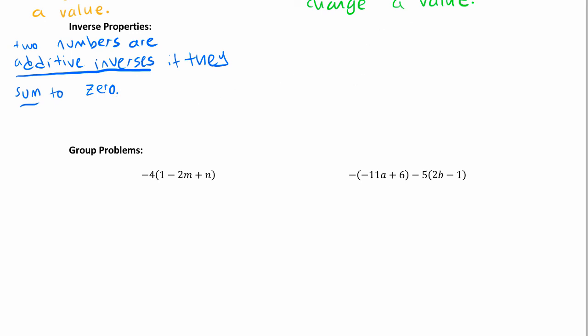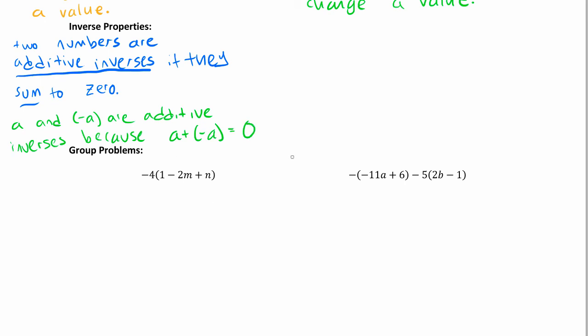So A and negative A are additive inverses because A plus negative A is the additive identity.